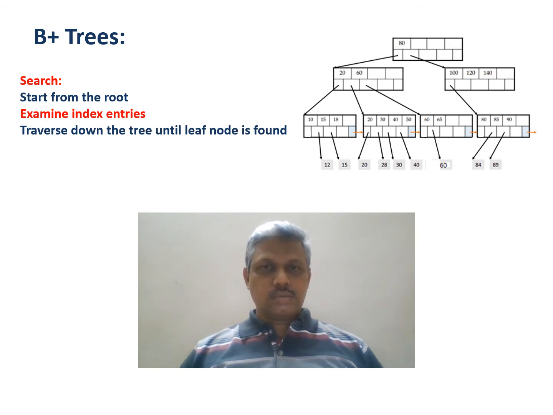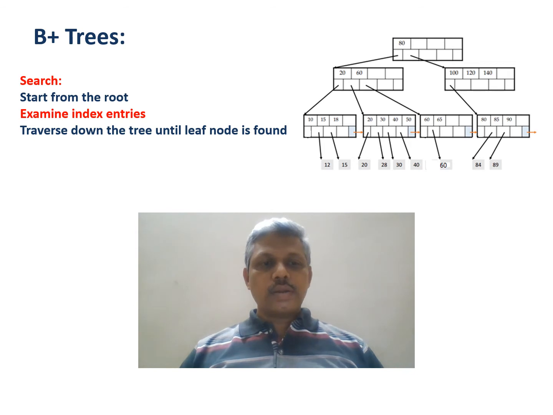The first pointer value is less than 20. The next pointer value is between 20 and 60, but still it is strictly less than 60. So the third pointer should point to the node whose values are greater than or equal to 60.